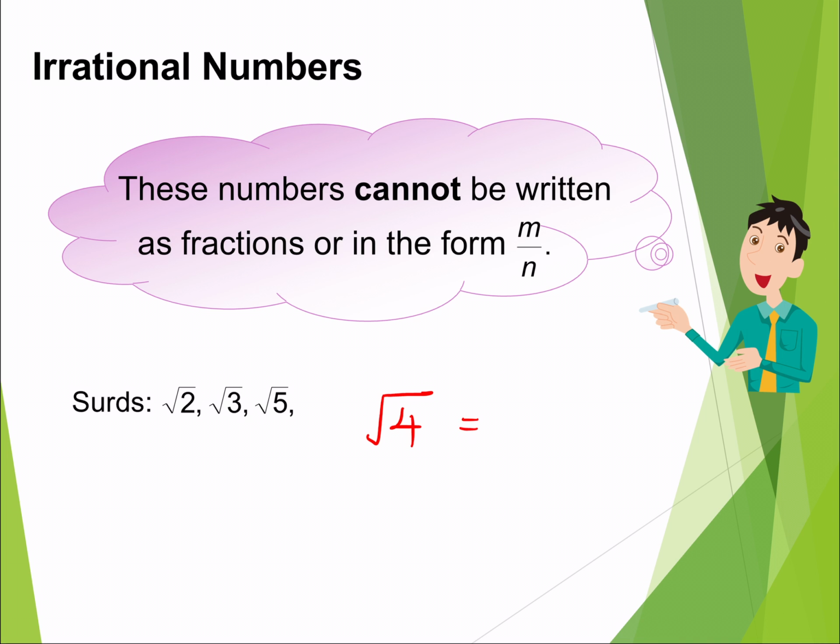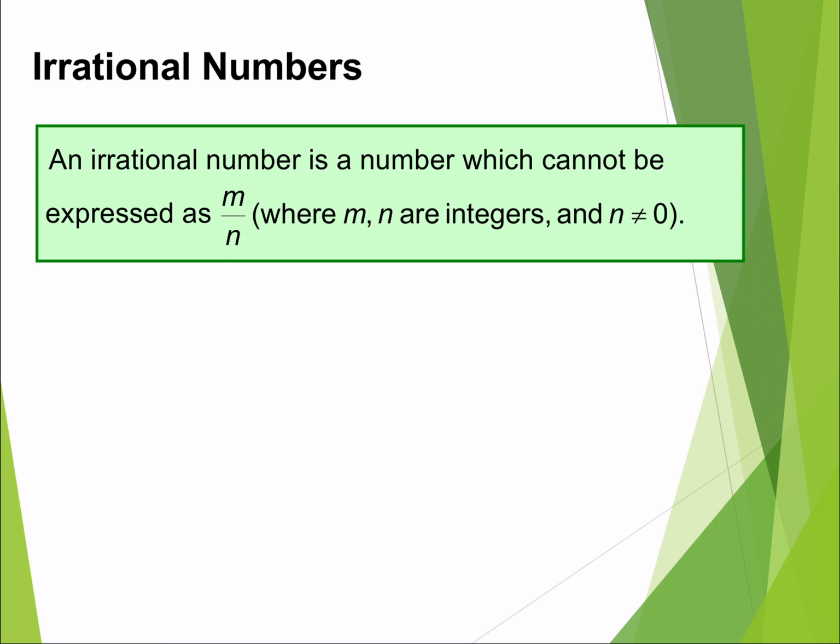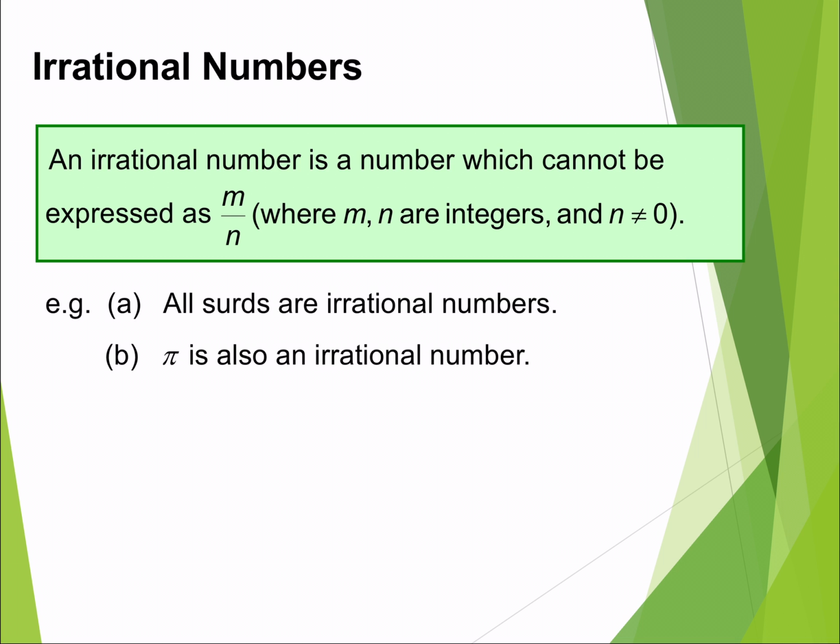No, because square root 4 can be simplified: 4 equals 2 squared, and square and square root cancel each other, so it equals 2. So square root 4 is not an irrational number. So the surds are irrational numbers, and pi is also an irrational number.